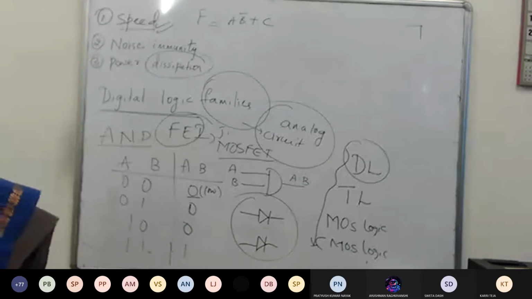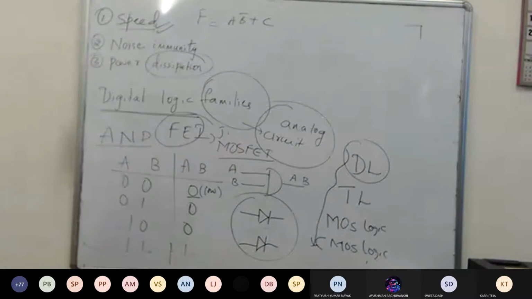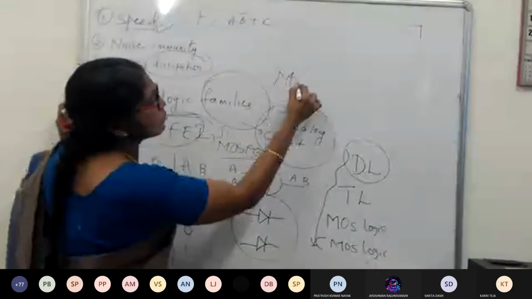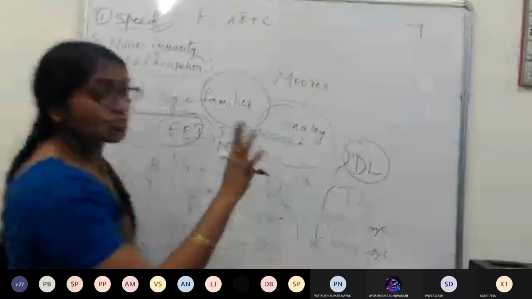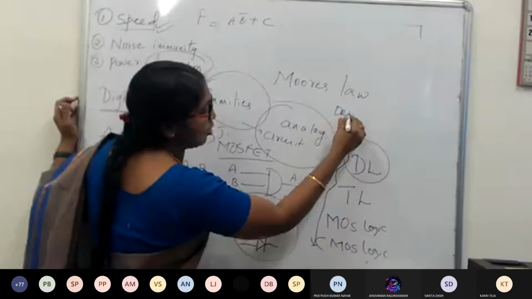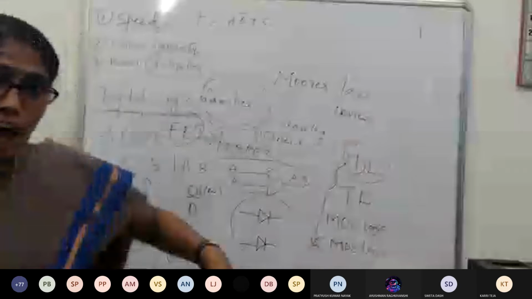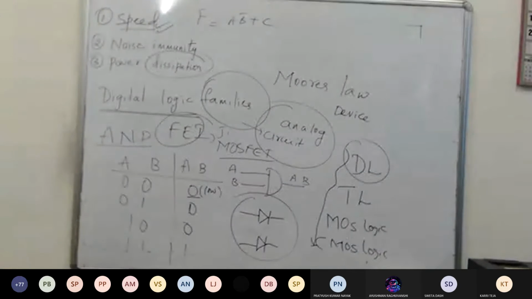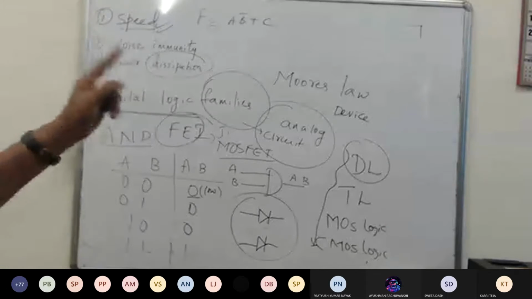So this is where the great Moore's law was developed. This is not our finite state machine; Moore's law is called the device law. The integrated chip designs you talk about now are based on Moore's law.